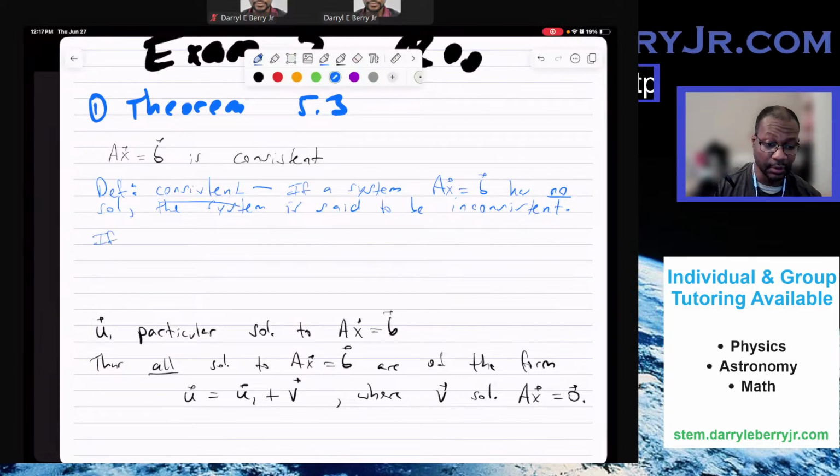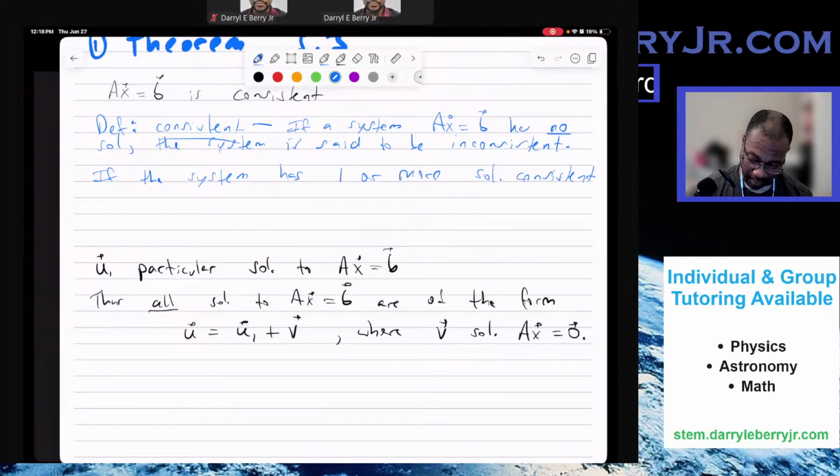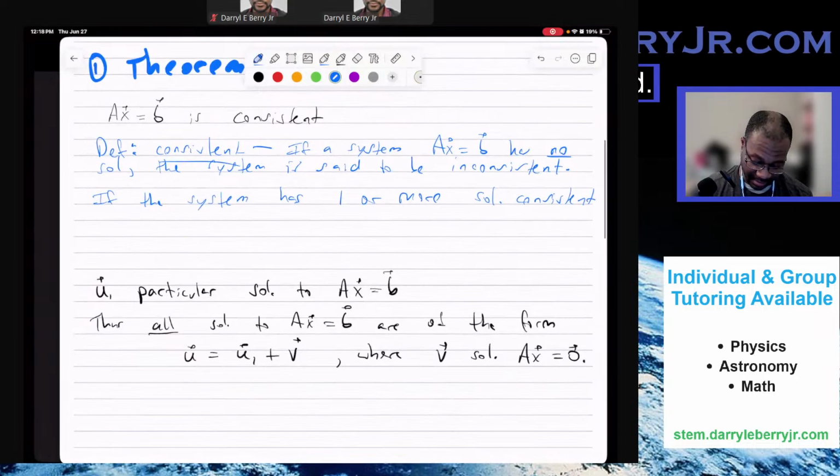If the system has one or more solutions, it is consistent. So if there's at least one solution for AX equals B, it is consistent. Simple enough, right?